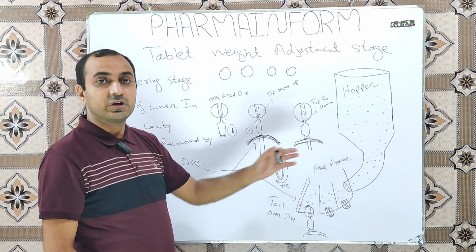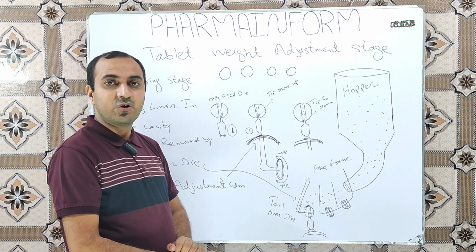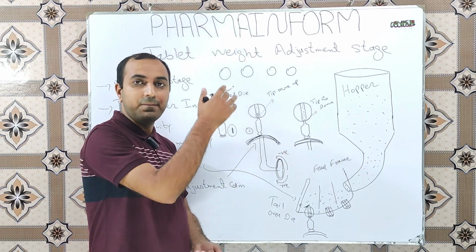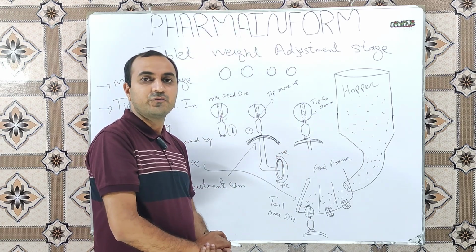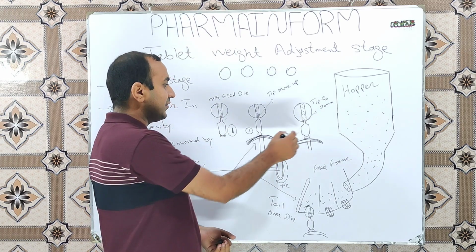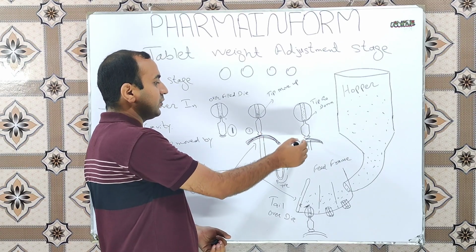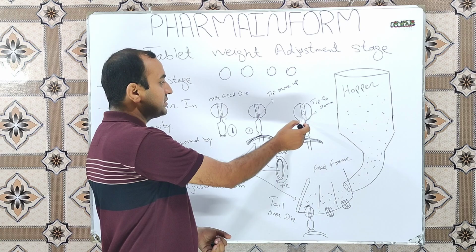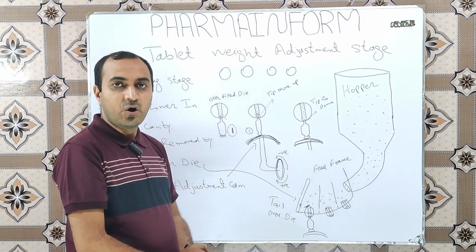We just rotate in the opposite direction, the weight adjustment cam comes down, meaning the height of the slope is decreased, and when this punch rides over the slope with decreased height, the punch tip goes down.